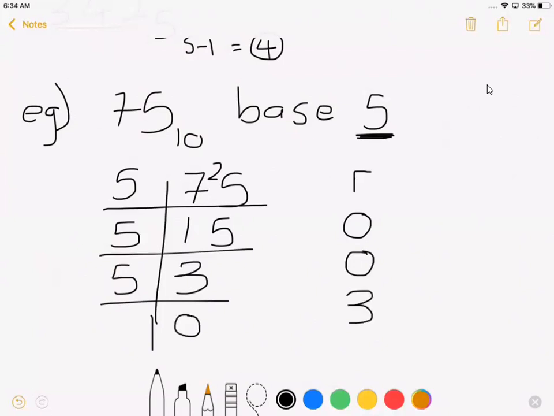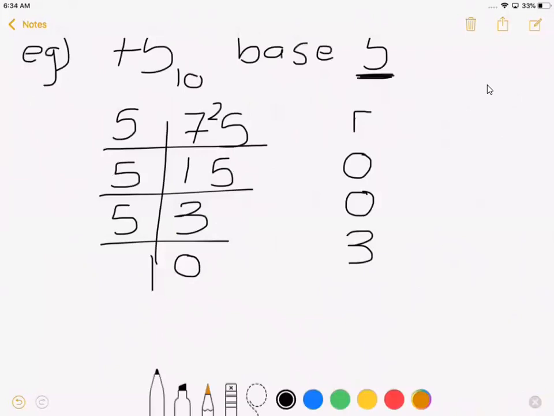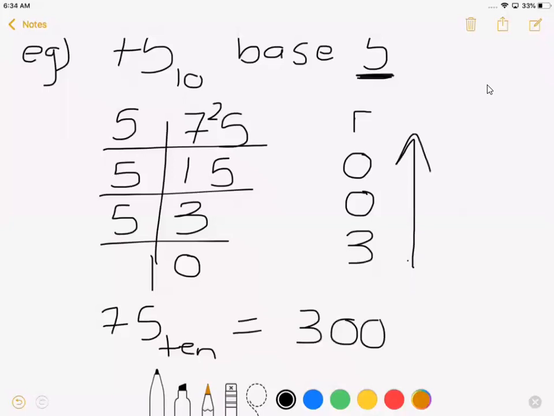Now to write 75 in base 10 equals, when writing these numbers you start from the bottom going up, 300 in base 5. We don't start from the top, we start from the bottom.